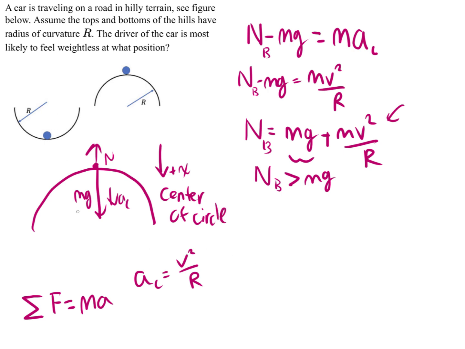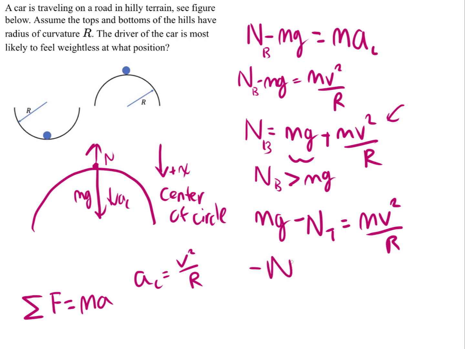So in this case, the force of gravity, mg, is going to be positive. So mg minus the normal force, the normal force when the car is at the top, must be equal to m a_c, where a_c is the centripetal acceleration. We know from earlier that the centripetal acceleration is simply v squared over r, so we just plug that in.